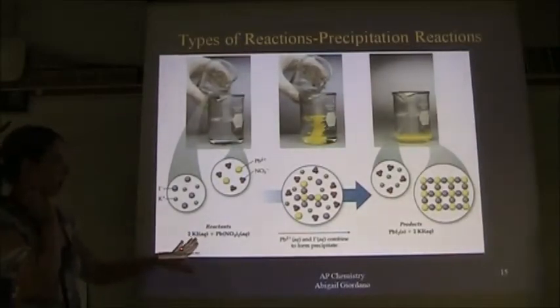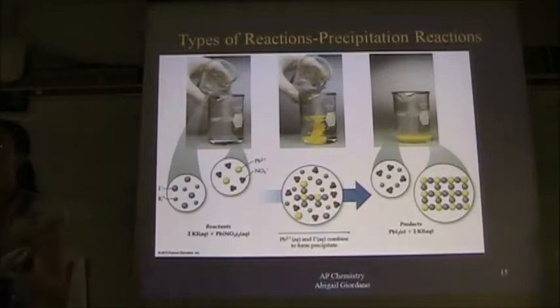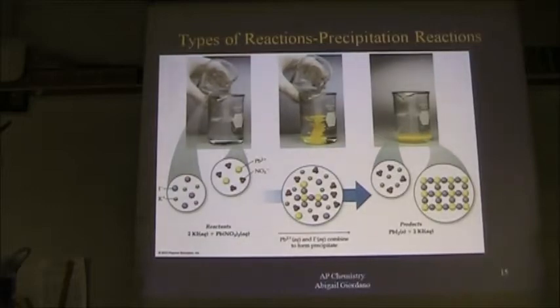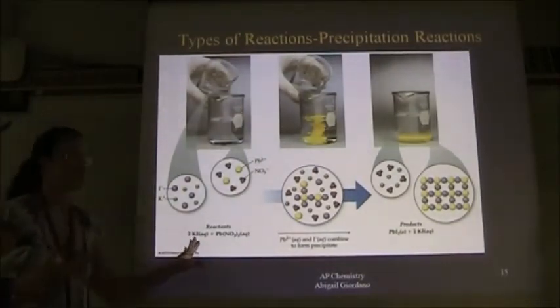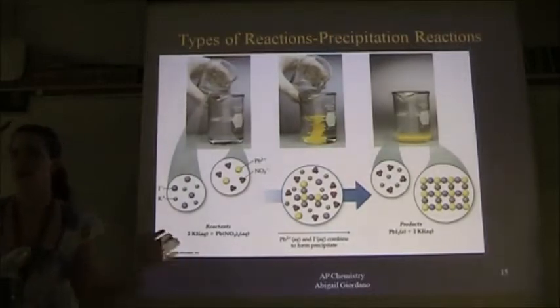Okay, we've got two aqueous solutions. Now let's review. What does the word aqueous mean? Yeah, something's dissolved in water. Water is your solvent. Now, dissolved. We talked about this last class.